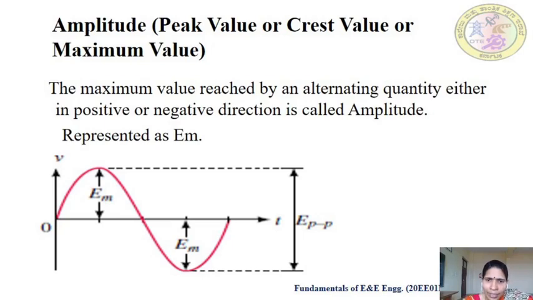In each cycle, there are two peak values, that is at sine 90 and sine 270 degree. It is represented as Em for voltage and Im for current.